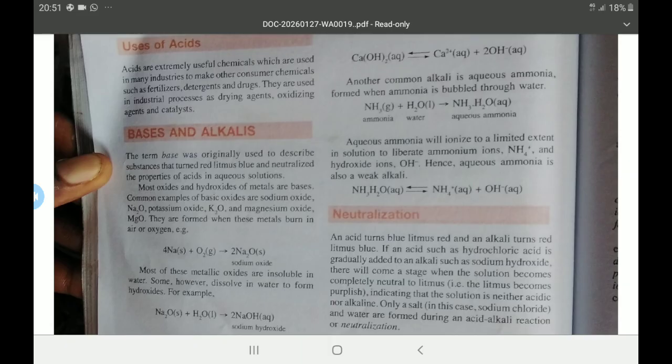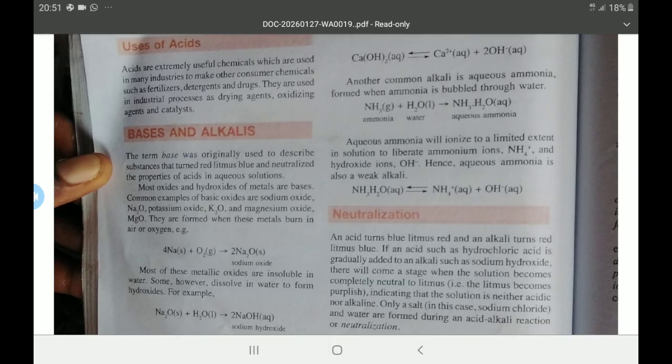Most oxides and hydroxides of metals are bases. Common examples of basic oxides are sodium oxide, that is Na2O, potassium oxide, K2O, and magnesium oxide, MgO.